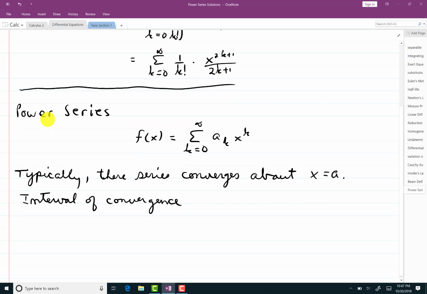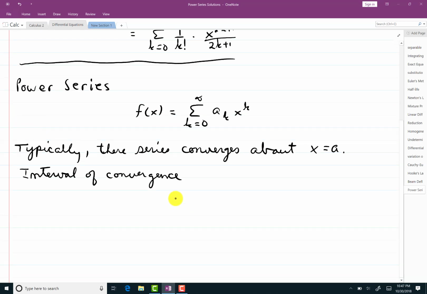That would look something like the absolute value of x minus a being less than some number c. If you wanted to actually get the interval, x is between a minus c and a plus c.